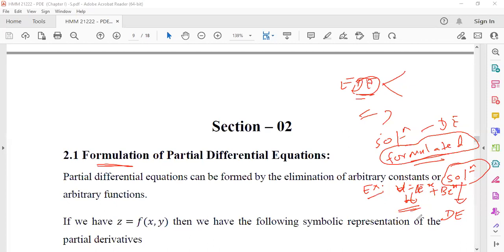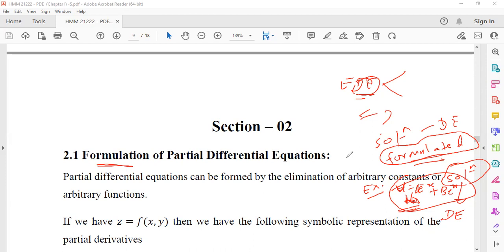What are the steps known as? What is the idea behind it? If I tell you, you will remember.